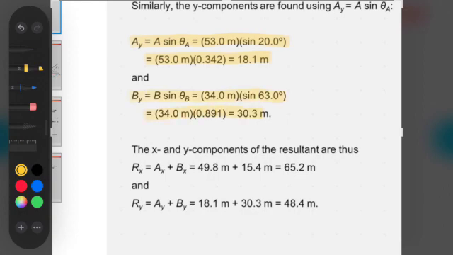By is B times sine of theta B, so 34 times sine of 63, and that gives us 30.3. For our x's we got before, we add those up, and Rx is Ax plus Bx, so 49.8 plus 15.4 to get 65.2 meters. Ry is Ay plus By, equal to 18.1 plus 30.3 to get 48.4 meters.